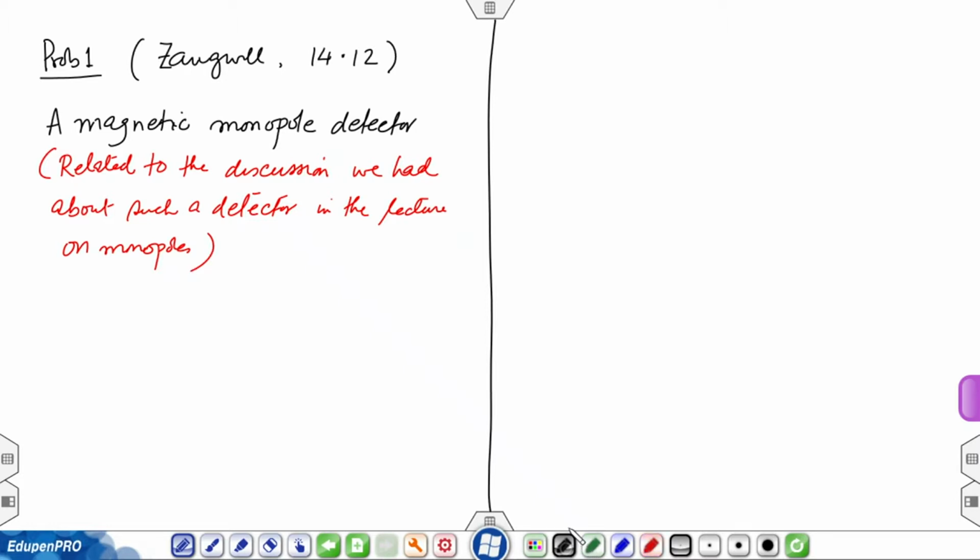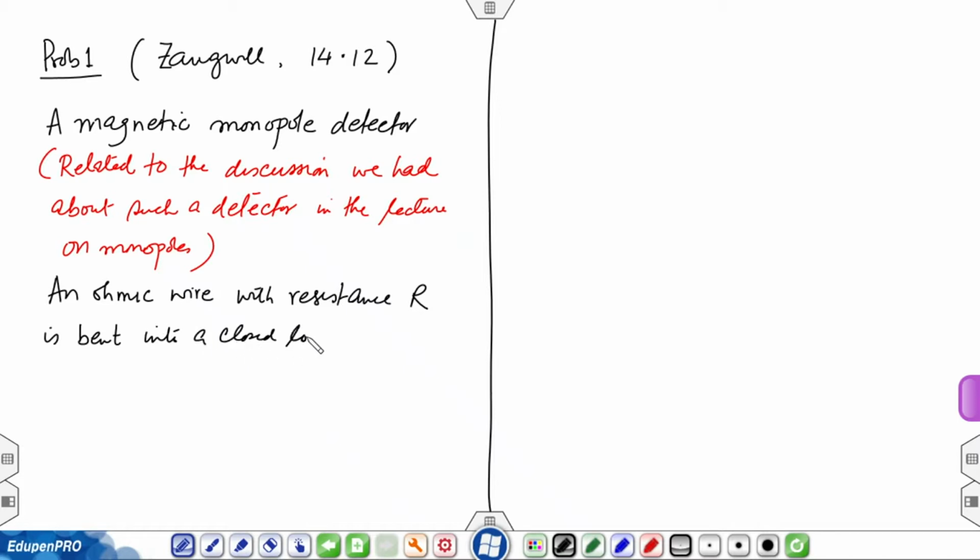So, this problem says an ohmic wire with resistance R is bent into a closed loop.